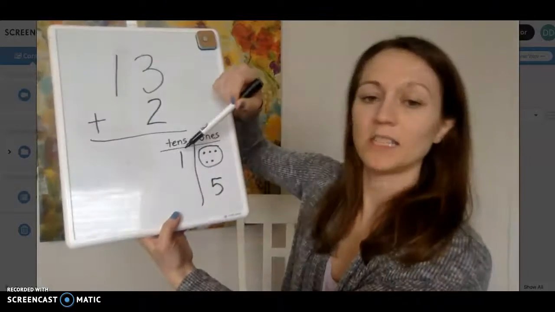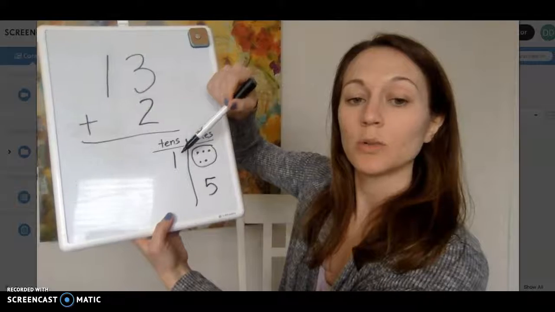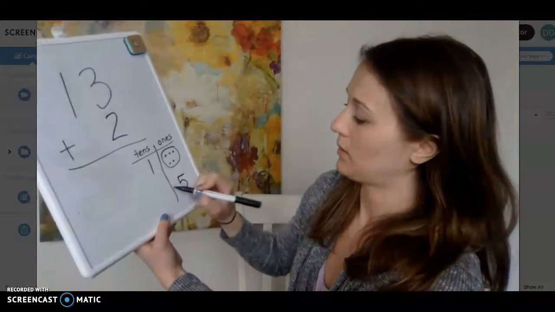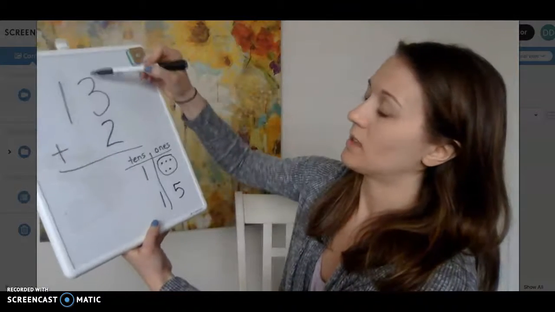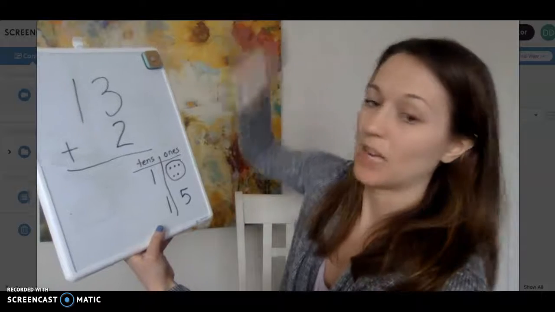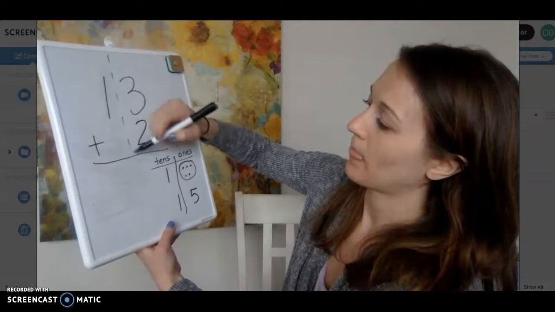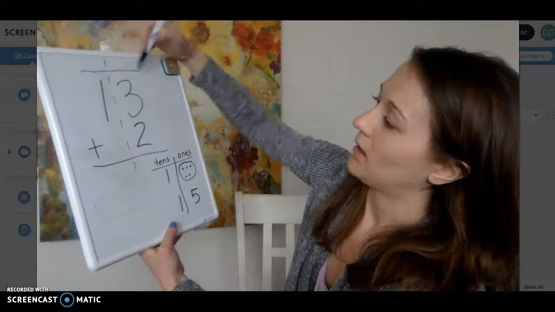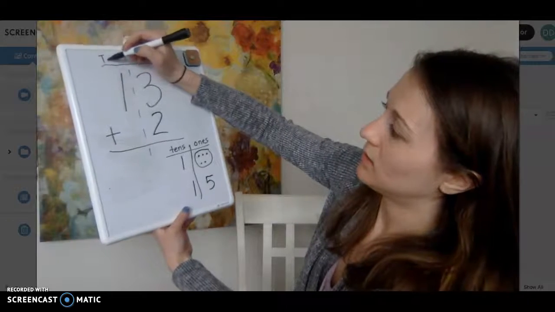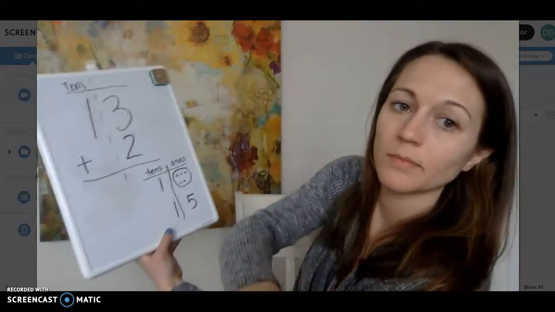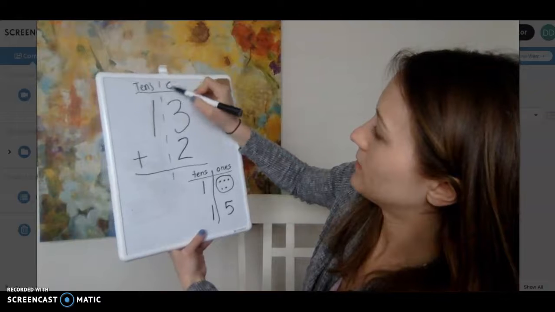Did I add anything to my tens place? No, so I still have 1 ten. So it's also like if we were adding up and down, I would pretend there's an imaginary line. That way it's splitting the tens and the ones.